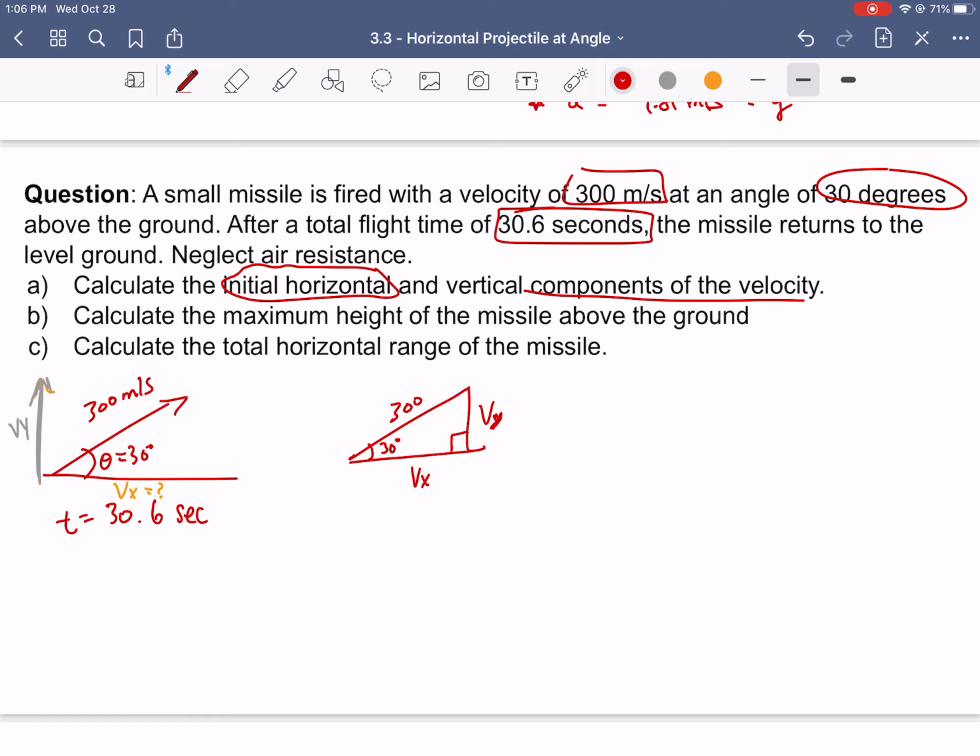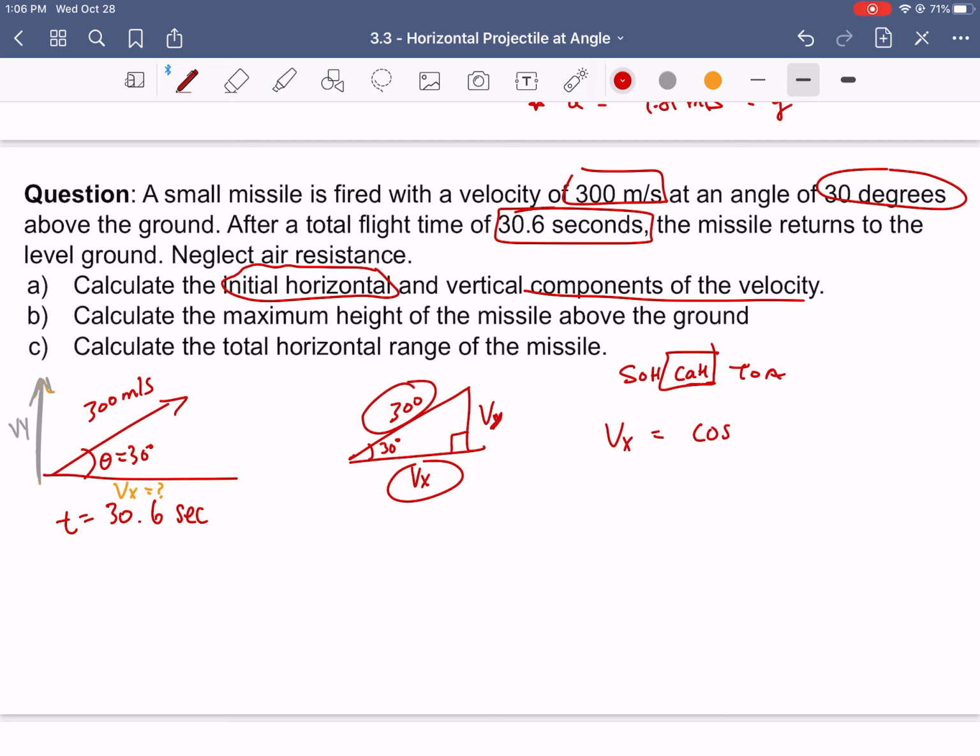Whenever we have a right triangle, we can use SOHCAHTOA. In order to get Vx first, I'm going to use the angle and the sides that are given. There's always one side that's missing. In this case, it's the adjacent side, and the hypotenuse is given, so we can use the cosine.